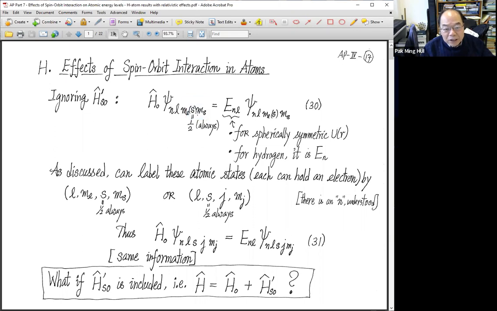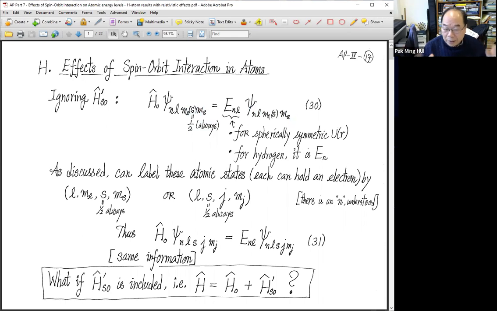Electron is spin half, S is half always. Therefore, we usually skip that. Then the Z component can be plus minus half. We skip this, then we have 4 numbers. I give a bracket here just to remind you, actually in complete form, there are 4 or 5 numbers.